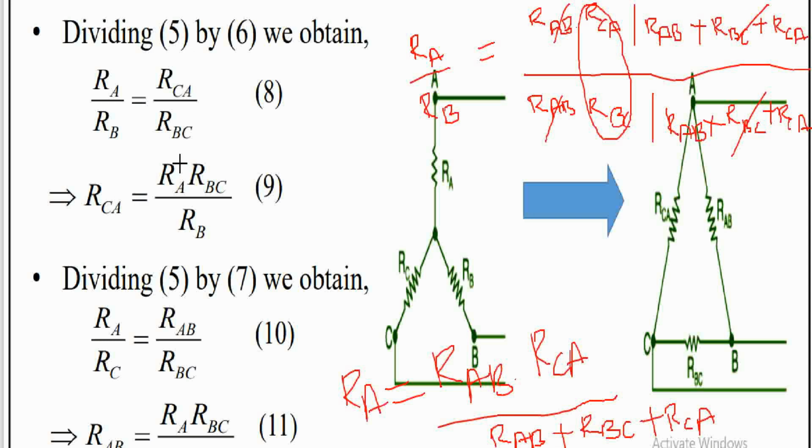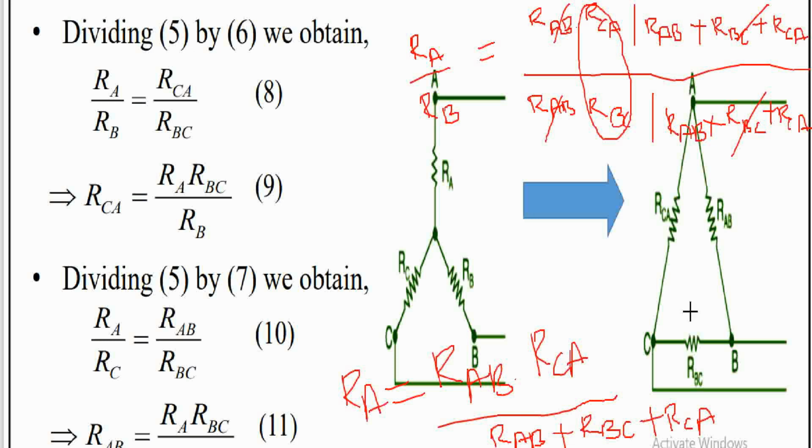Because if I replace RCA in terms of RA, RB, these RA and RB are nothing but the values from star. Here we are trying to convert from star to delta. It means that by using RA, RB and RC, we have to get RAB, RBC and RCA. So that only we are doing. So try to get the equation in terms of repeated terms.